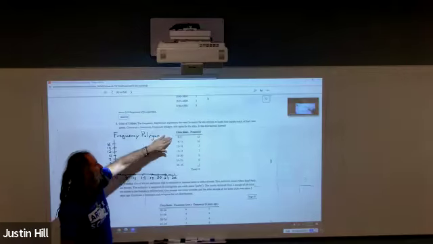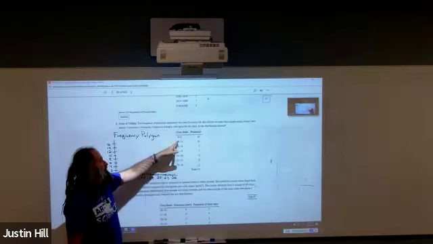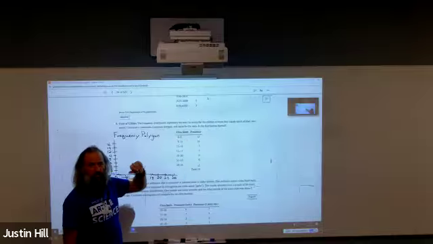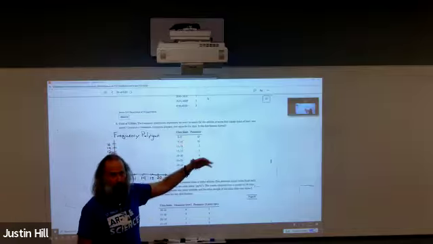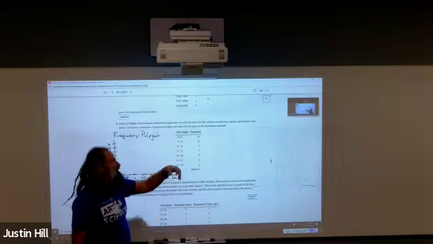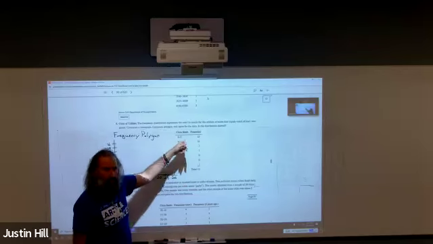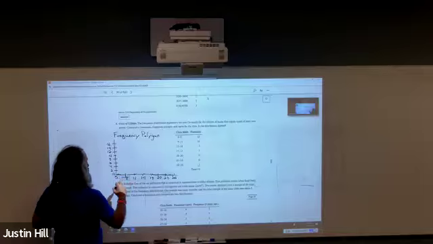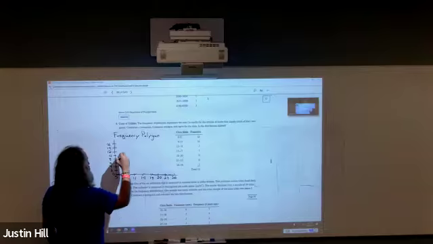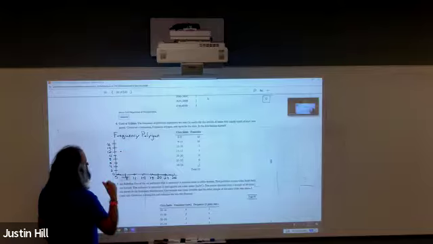So for instance, 6 to 8. What is the midpoint of that? What's halfway between 6 and 8? We were talking last time, maybe you need to calculate that, but even so, you can probably see easily that 7 is halfway between 6 and 8. So at 7, I am going to mark 12.